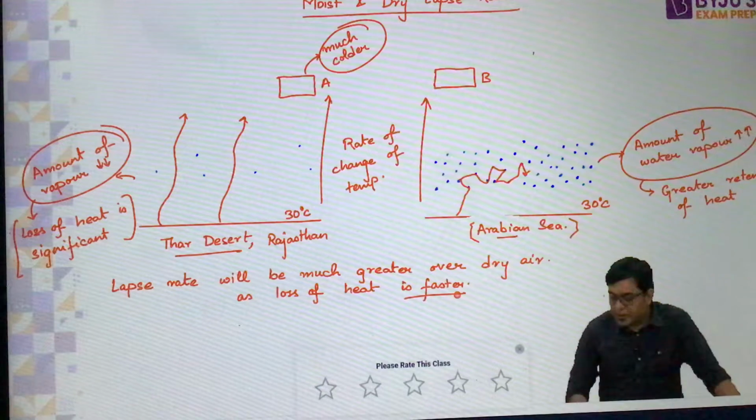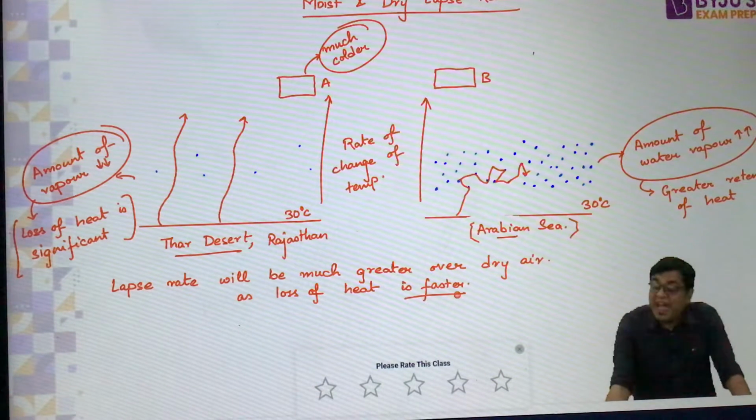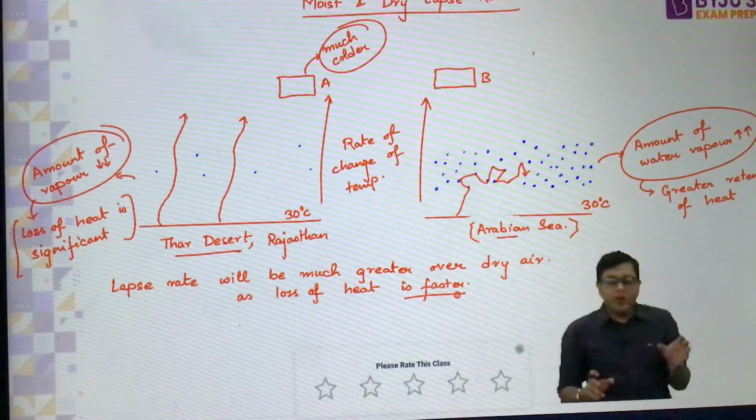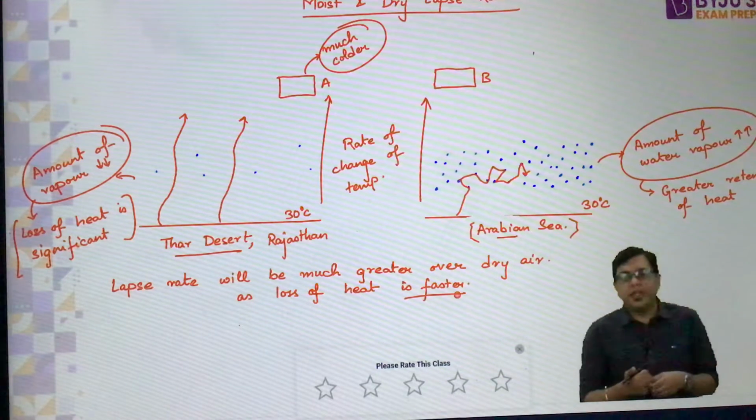Okay, so that basically means that you have different lapse rates for different conditions, and there comes into existence the aspect of moist and dry lapse rates in general.